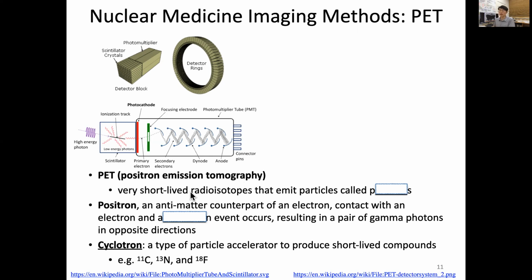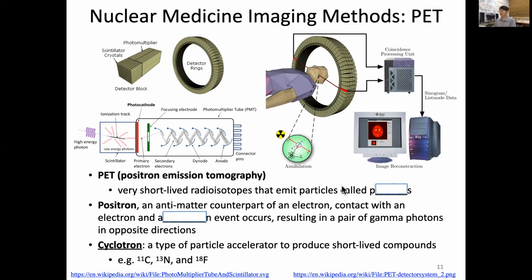How do we image with PET? We are using a very short-lived radioisotope that emits particles called, as the name says, positrons. It looks like this. From the radioisotope comes a positron, denoted as e plus because the charge is the same magnitude as an electron but positive. It comes out and hits, inside the tissue, the first electron to annihilate.